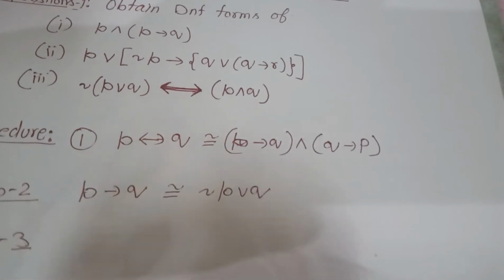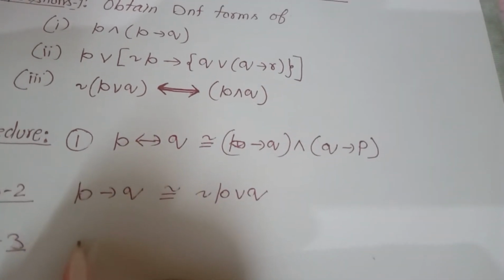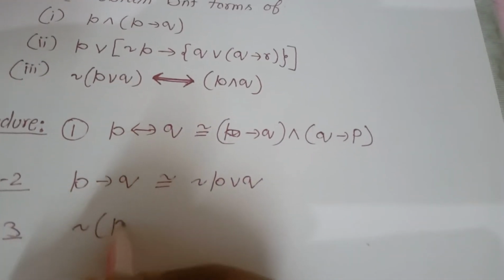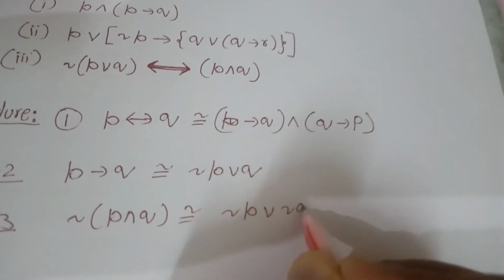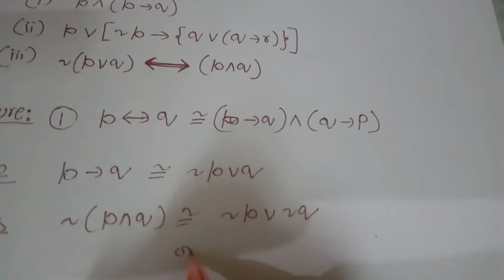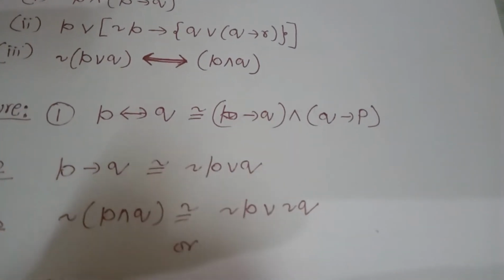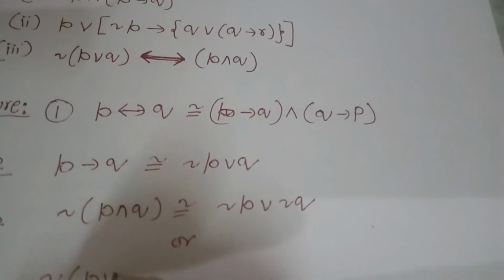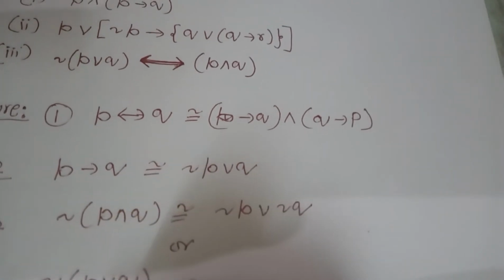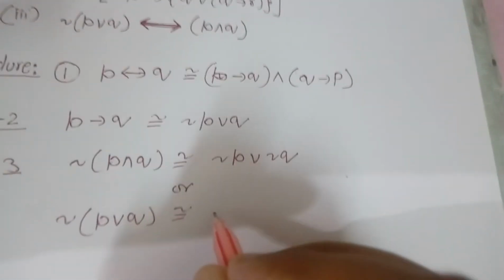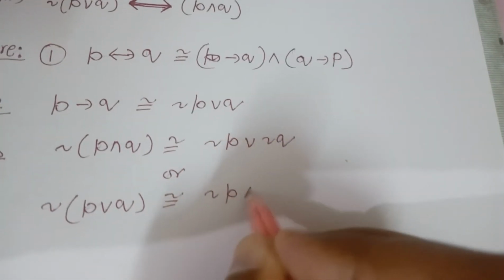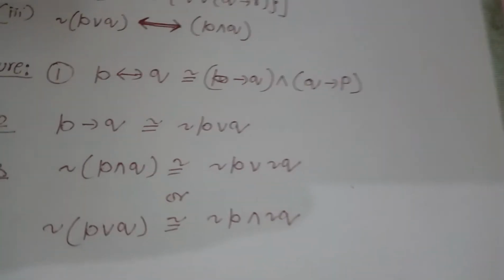De Morgan's law can be explained as: negation of (P and Q) is equivalent to negation of P or negation of Q. Or there is another formula in disjunction form: negation of (P disjunction Q) is equivalent to negation of P and negation of Q.